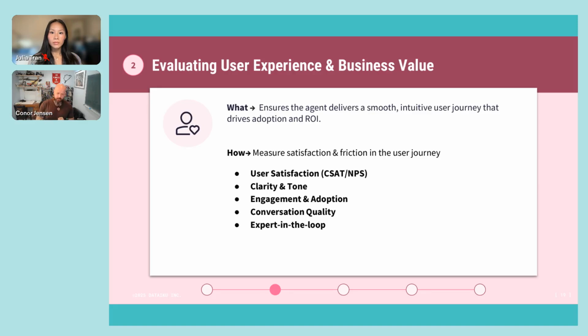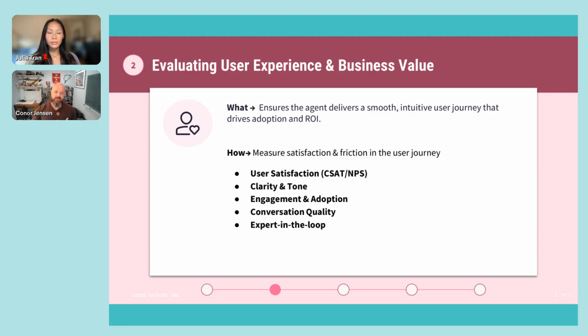Next piece here is the conversation quality. This is related to that clarity and tone, but really understanding the dialogue of the back and forth. And this is where you start to marry that against the previous one and look at what tools it used. How did it answer that? Did it answer the question that was clearly asked the first time?